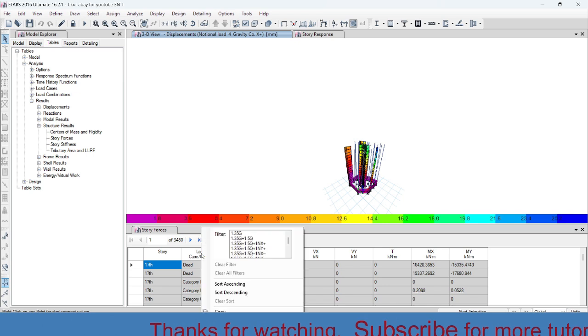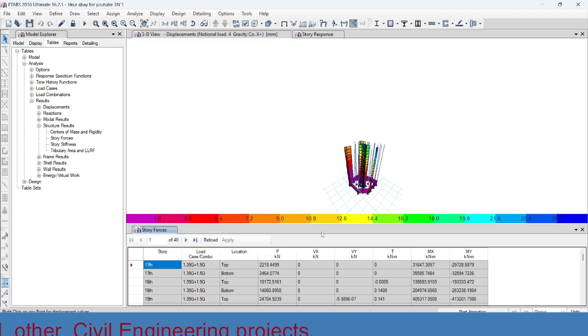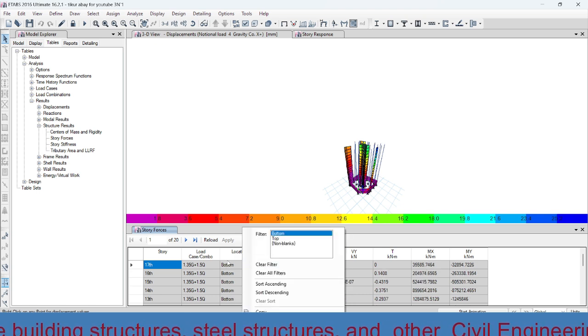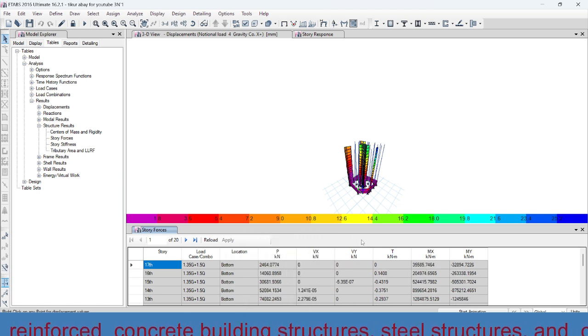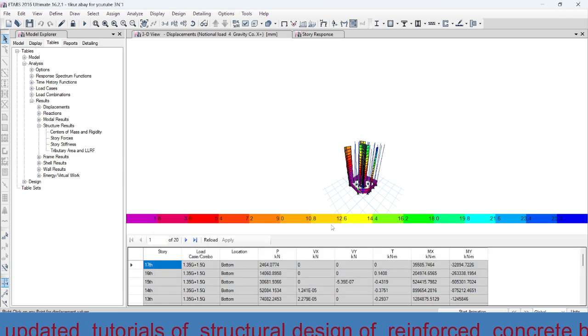Here I need to make the load combination, which is the factored gravity load. And here I need to consider the bottom part. Here, this is the total gravity force.